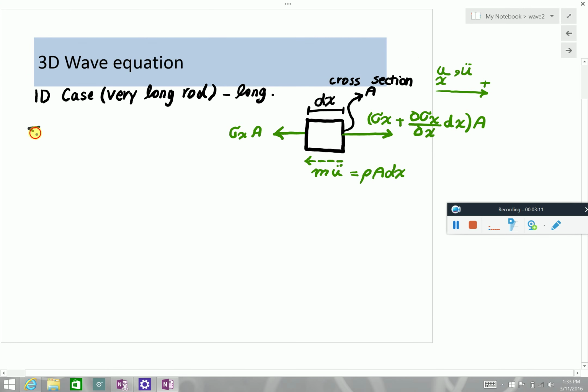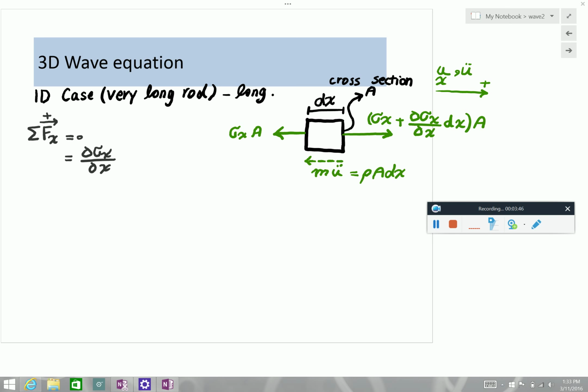Now, if we write the equilibrium, the dynamic equilibrium for this element, we have in the positive direction the change of sigma x in the x direction, let's say the change in normal stress in the x direction.